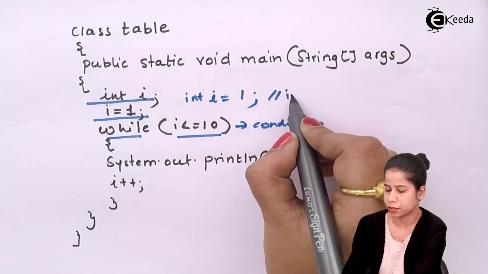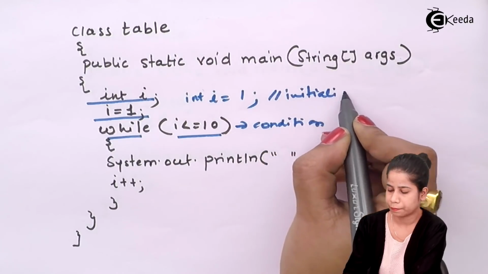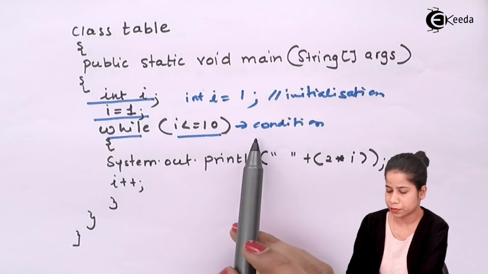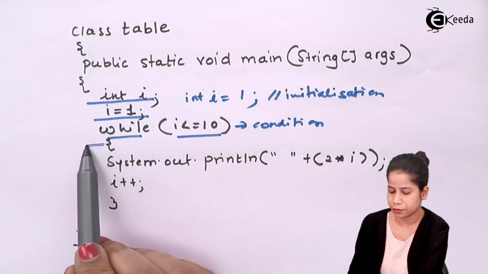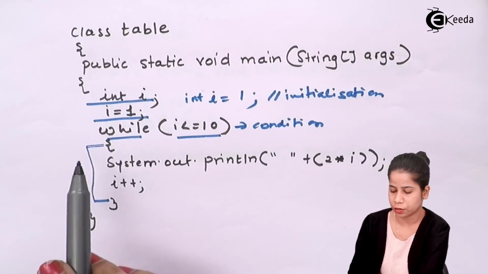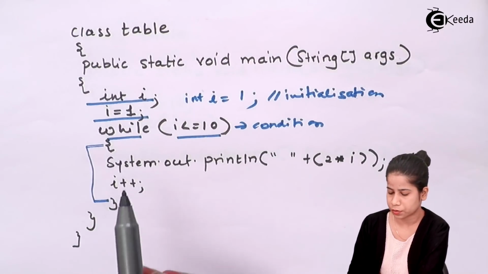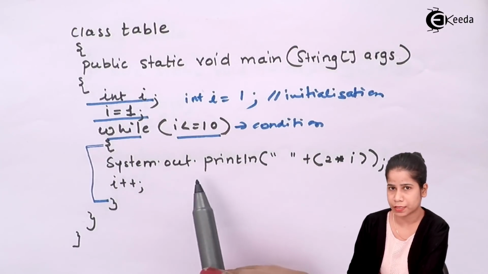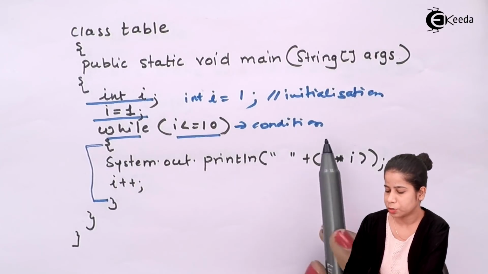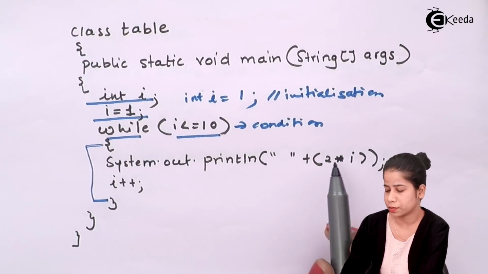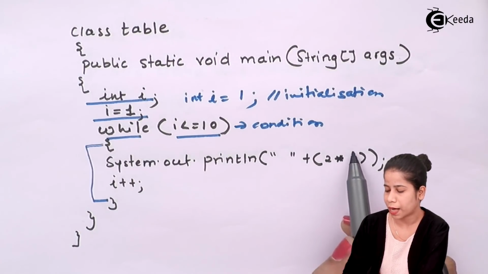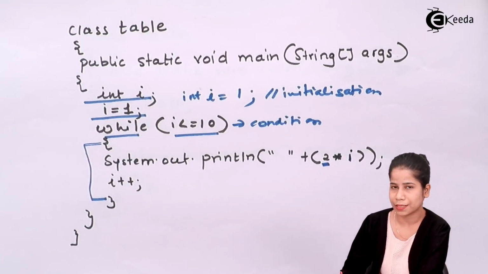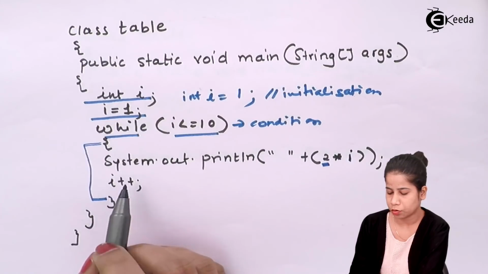This one was my initialization. Once this condition is written, you have the body of the loop, which is enclosed in curly braces. Then we have some tasks to be performed. Right now I'm just printing the table of 2, multiplying the value of i with 2, that is, 2 ones are 2, and so on.